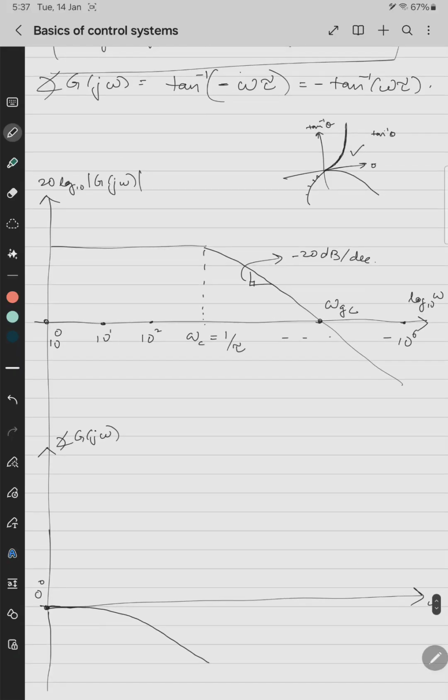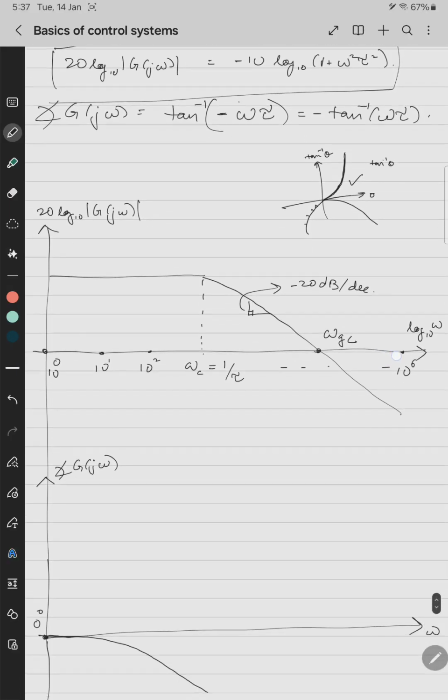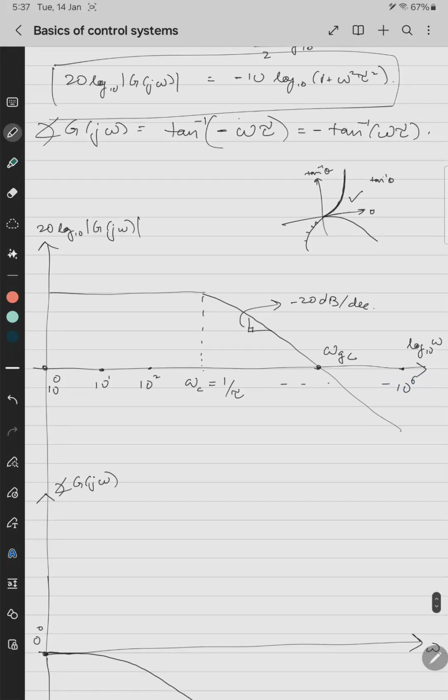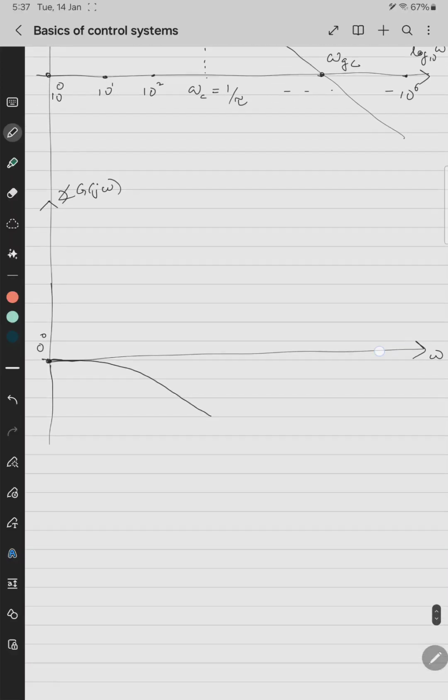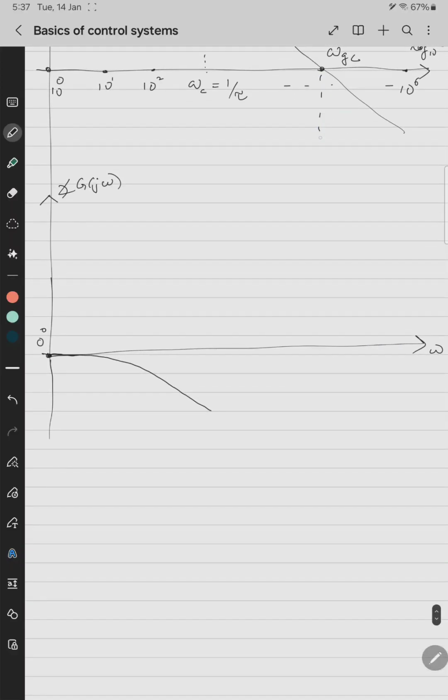But at the crossover frequency, what means at omega gc as 1 by tau, so let's put omega as 1 by tau, so it will be minus tan inverse of 1. That is what angle? 45 degree. Correct. Tan inverse of 1 means y equals tan inverse of 1, so tan y is 1.